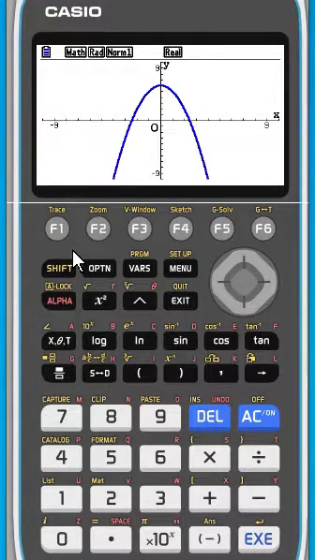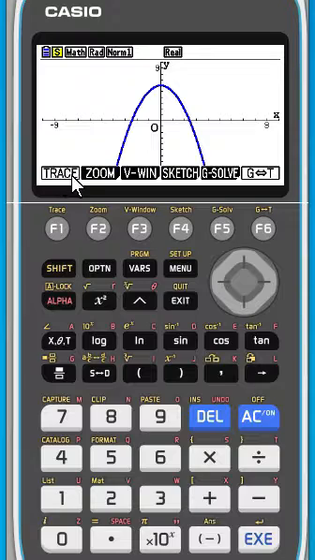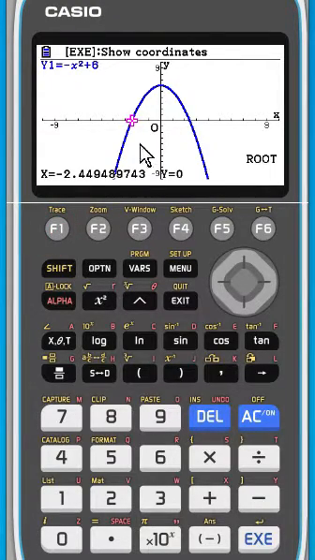Okay, let's see what else is there. If you hit Shift, you can see all these options coming up. A very important function is G-Solve. If you would like to find the roots of this graph, you would push G-Solve, that is F5, and then say Root, F1. It takes you to the first root, that is x as negative 2.44, and when you push the right button, it takes you to the second root, that is x equals 2.44.